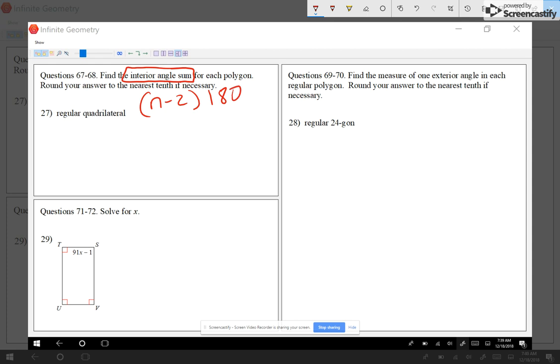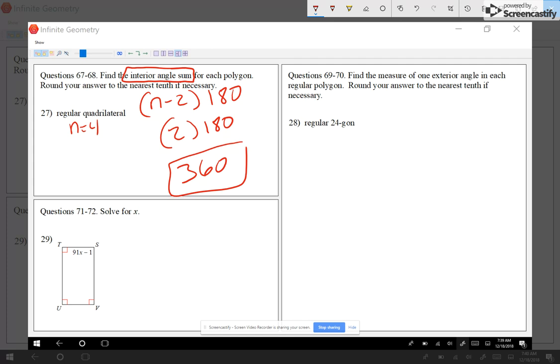Now we have a regular quadrilateral. Quadrilateral means that it's 4 sides. So for me to find out how much all of them add up to, I'm going to go 2 times 180, and the 2 is because I went n minus 2. 2 times 180 is 360. So quadrilateral should be 360, the angles on the inside.